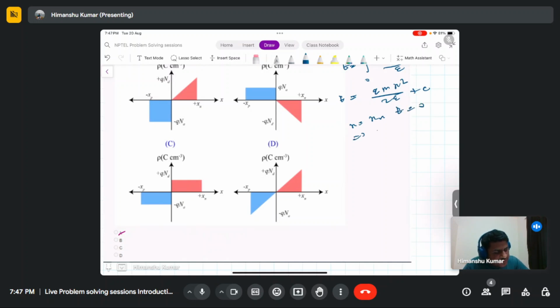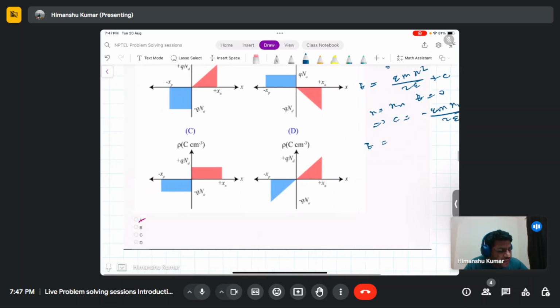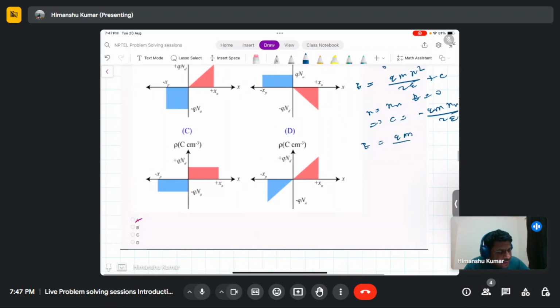This implies that C is minus q m x_n squared by 2 epsilon. Putting it back, for x between 0 and x_n, you will get E equals q m divided by 2 epsilon times (x squared minus x_n squared).